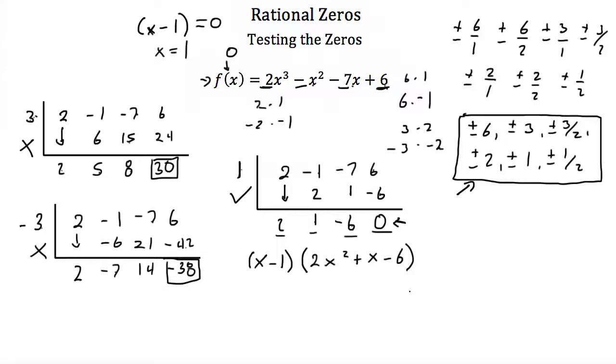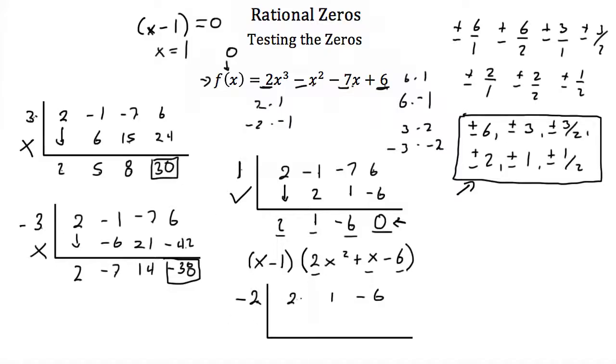So our next step would be to plug these coefficients into our synthetic division. So we'd have a 2, a 1, and a minus 6. And we would divide those by some more of these rational zeros. I'm going to pick a minus 2. And we'll test that.